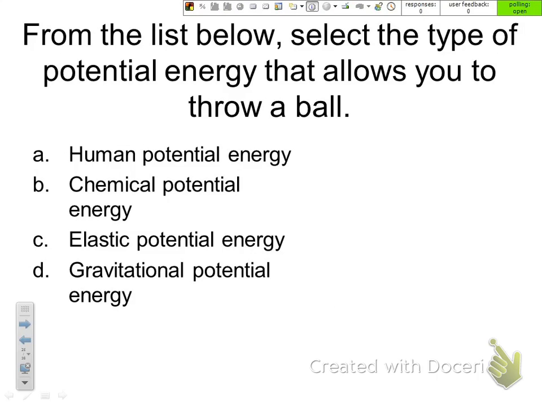All right, next question. From the list below, select the type of potential energy that allows you to throw a ball.